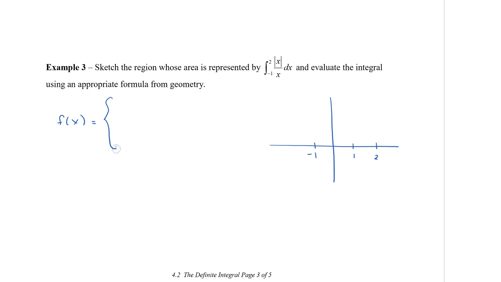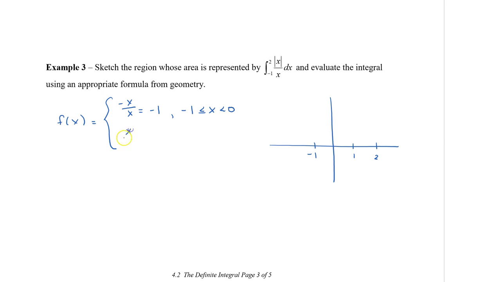So I'm going to write this with curly brackets. So my first possibility is that the x can be negative. So I have negative x over x, which equals -1. So that occurs when my x value is from -1 to 0. Then at 0, it changes.